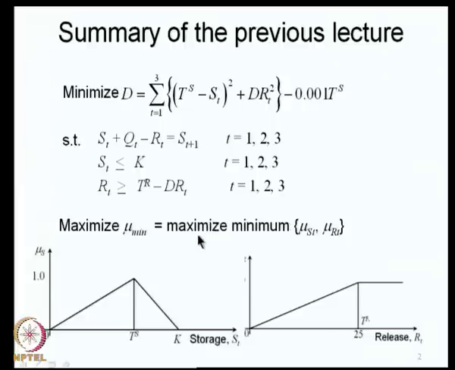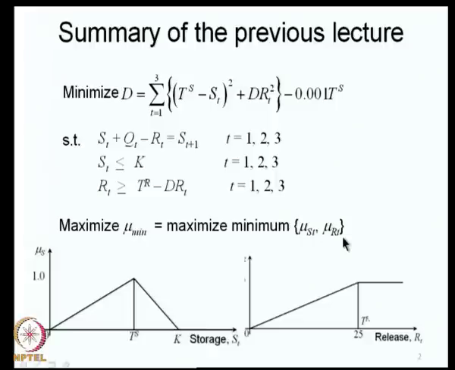we are maximizing the minimum of these membership functions mu s t and mu r t. So, the decisions are s t and r t, and the associated membership functions are mu s t and mu r t. We are looking at that set of s t and r t which satisfies all these conditions, which will in fact maximize the minimum value associated with those particular membership functions.